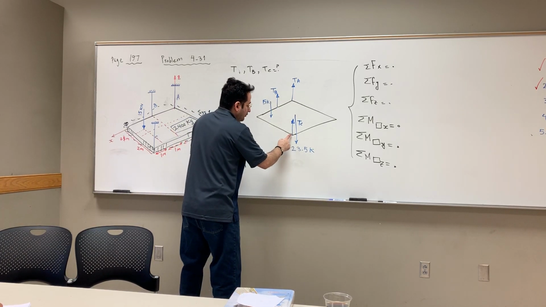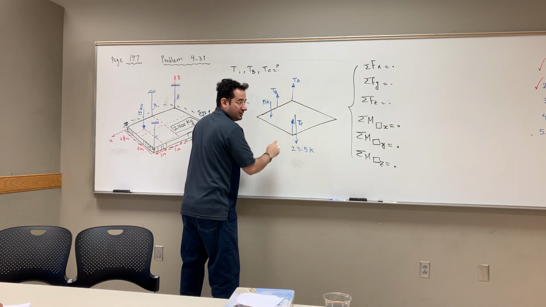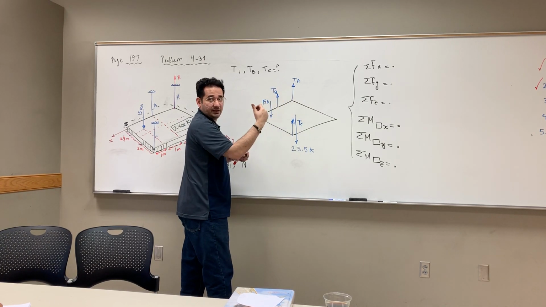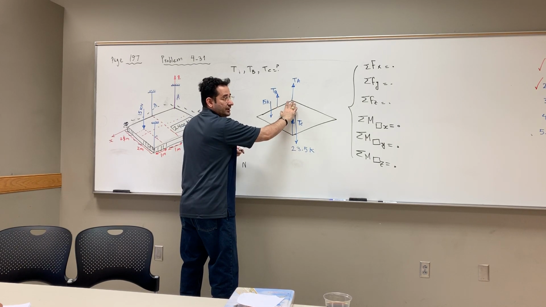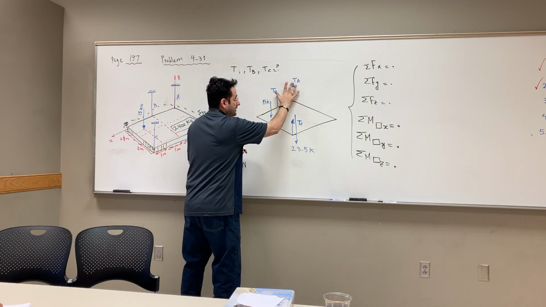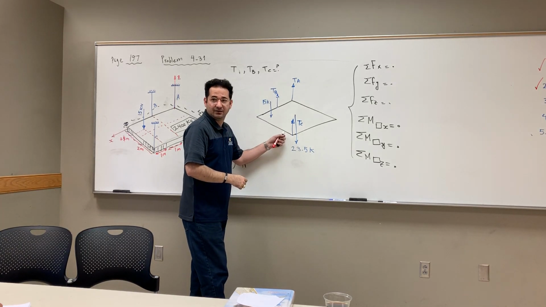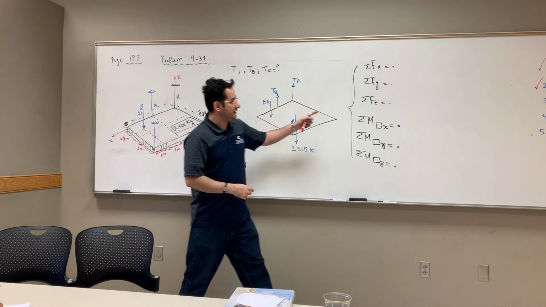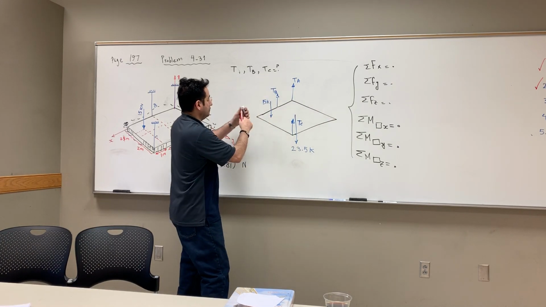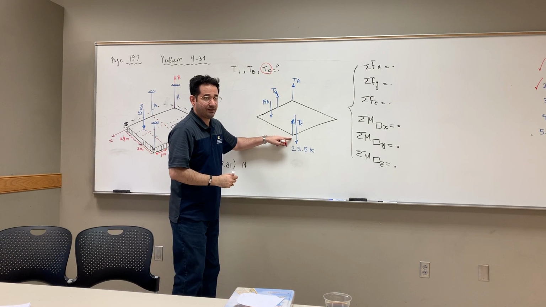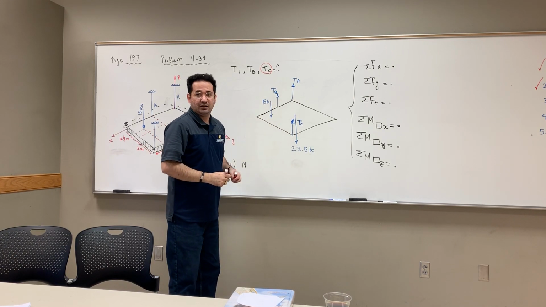But look, if I take A, we somehow get rid of these two and then only TC shows up. So I don't take C as the reference point. If my only interest is TC, I take either A or B.